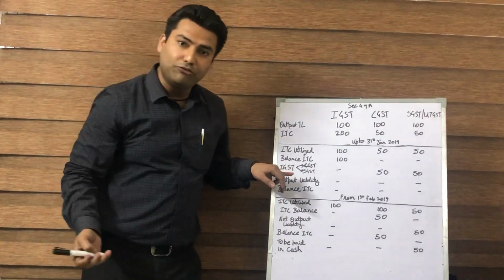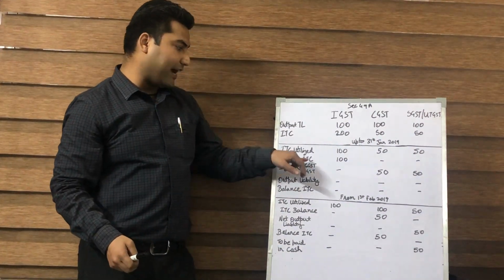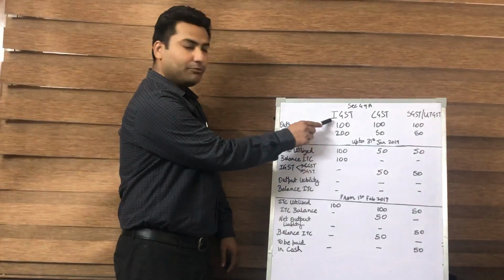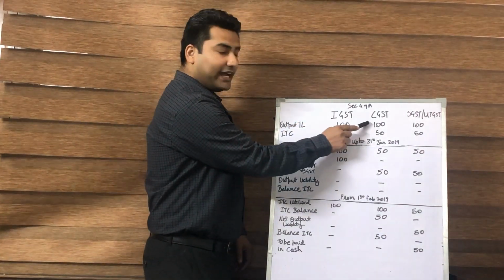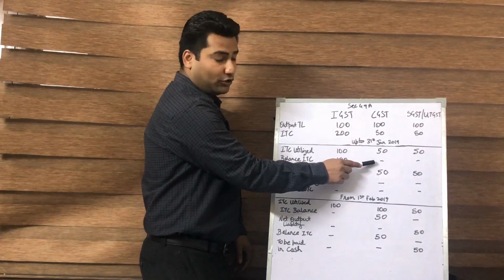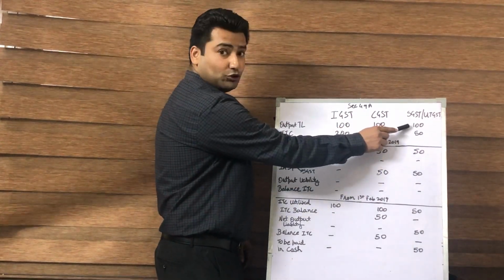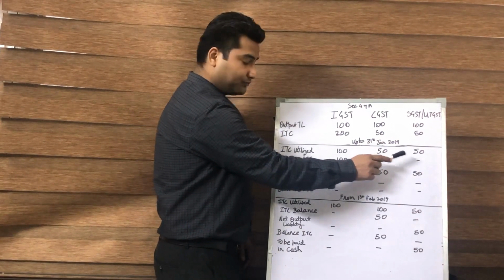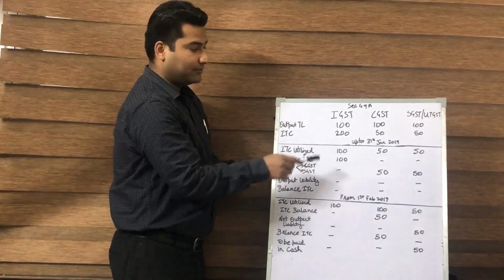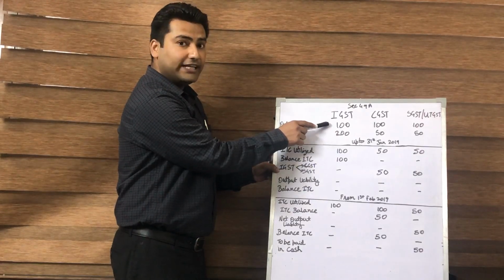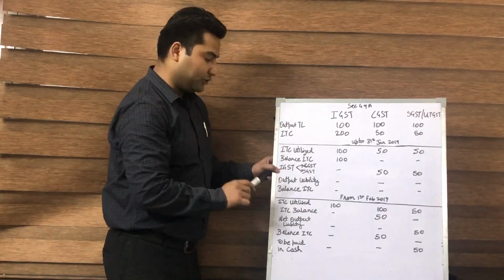Now what am I left with? I am left with a balance of ITC of 100 rupees, because 100 rupees I have consumed. For CGST, 50 rupees I have consumed, I am left with 0. 50 rupees I have used over here, I am left with 0. So now I have an available ITC balance of 100 rupees because out of 200 I have utilized 100.